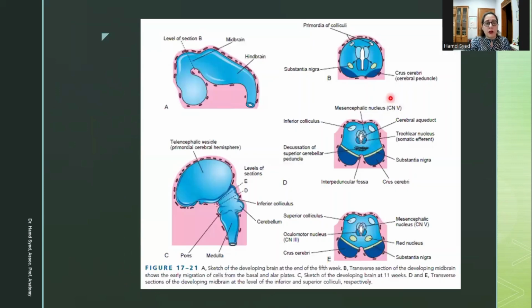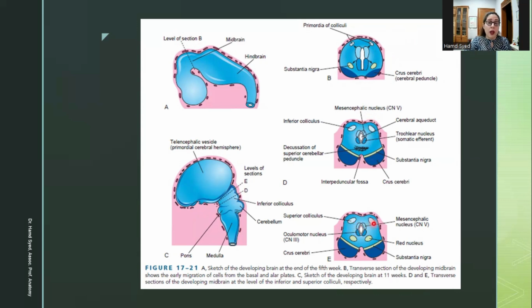Here we've got the section of the midbrain, at the level of the mesencephalon. We're looking at the cross section, and we can see in the further stages of development that posteriorly are the inferior colliculi at the lower level, and at the higher level the superior colliculi.